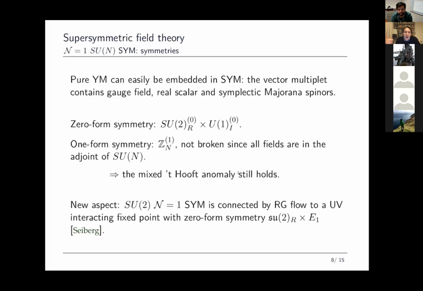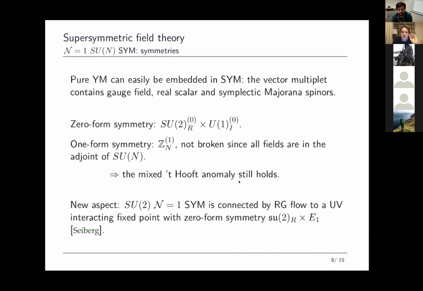case. However, the new aspect here is that, as we mentioned at the beginning, string theory tells us that now there are non-trivial interacting superconformal theories that are connected to super Yang-Mills by RG flow. Moreover, the global symmetry is often enhanced at the fixed point, and the deformation starting the RG flow is an explicit breaking of this enhanced symmetry.